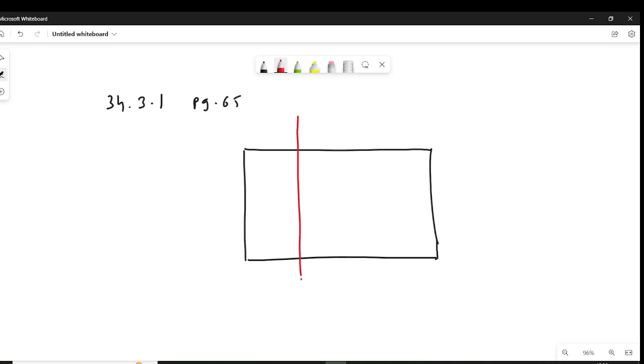They have divided it into some zones or bands, and the central one is called the central band. We have to determine the spacing of the reinforcement, or different reinforcement, for the central band and for these two bands.